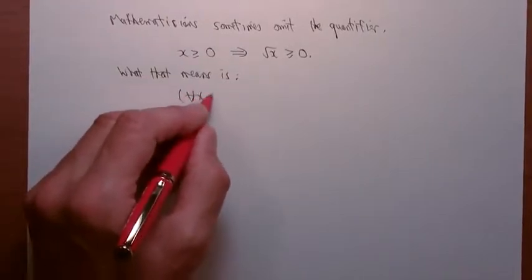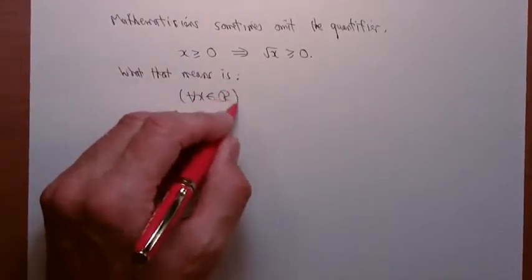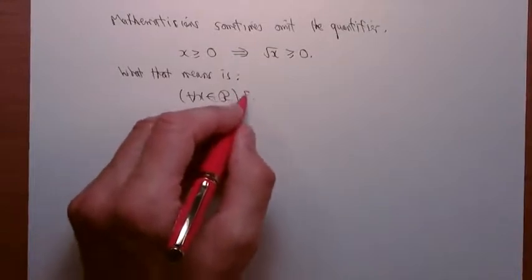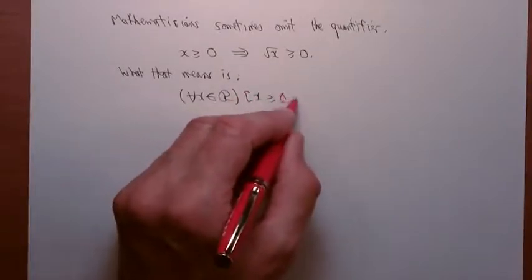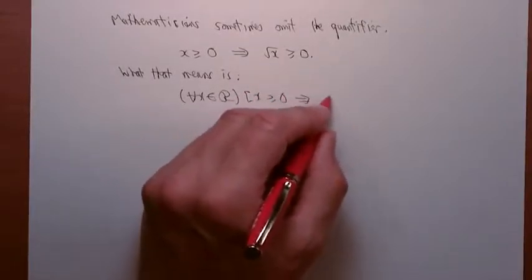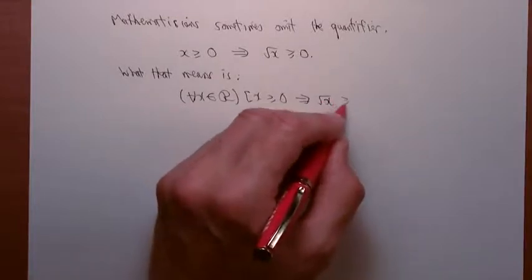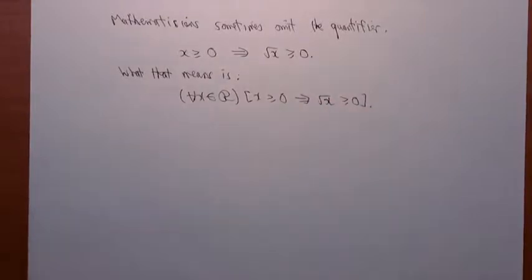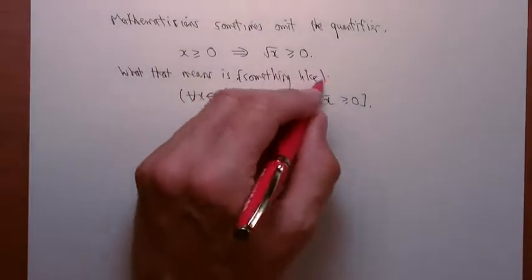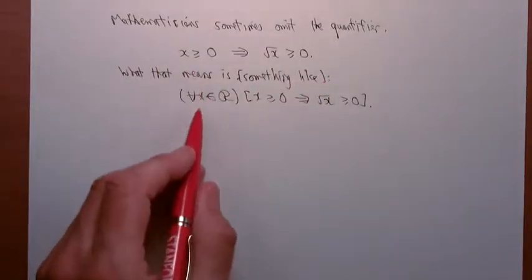For all x, perhaps in R, or perhaps in something else, for all x in R, x greater than or equal to 0 implies the square root of x is greater than or equal to 0. Or something like that, depending on what the x denotes.